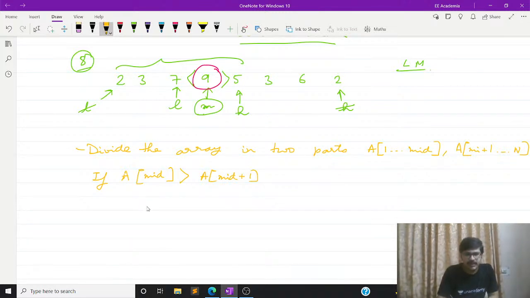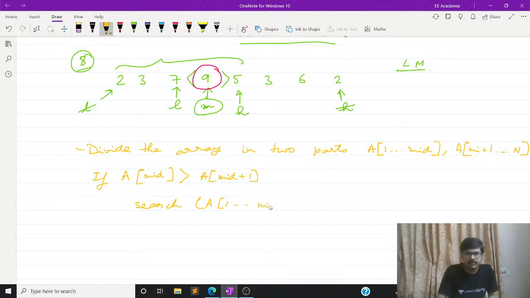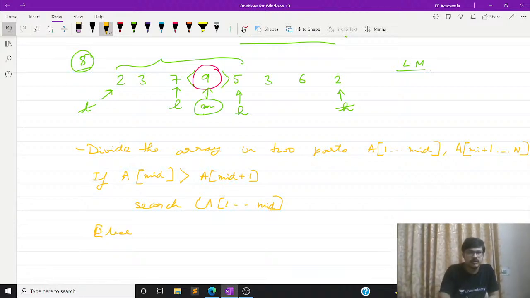So I search the left half, that means I search from A of 1 up to mid. Else I will search the right half.